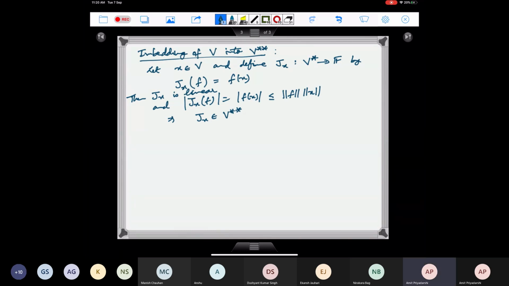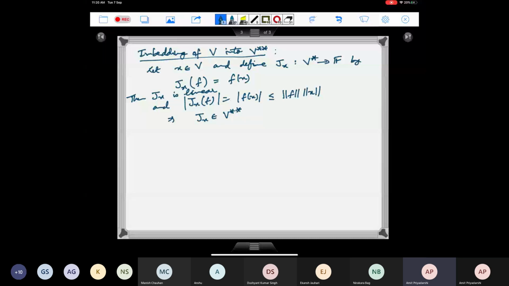And what is the norm of J_x? From here we are getting that norm of J_x is less than or equal to norm of x, but it is actually equal. Why?